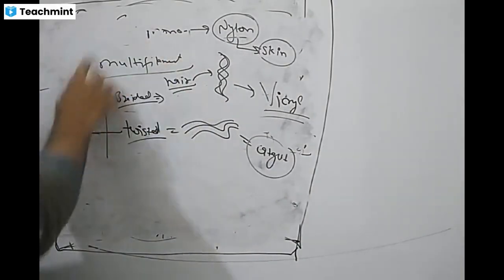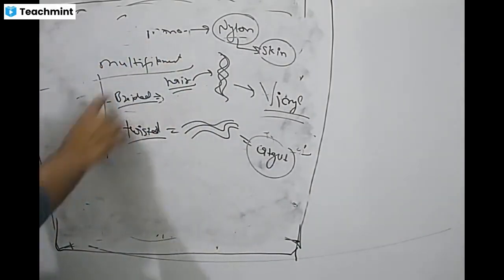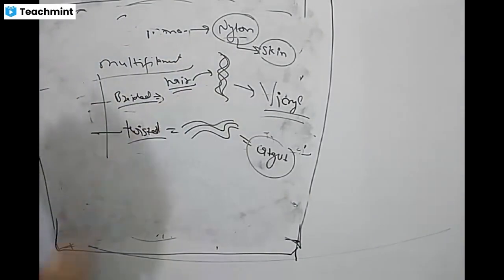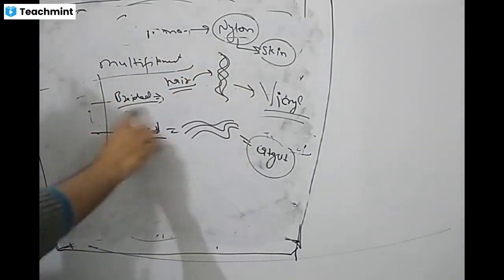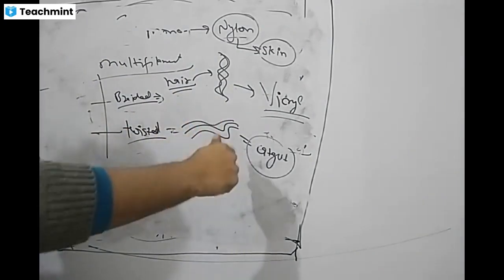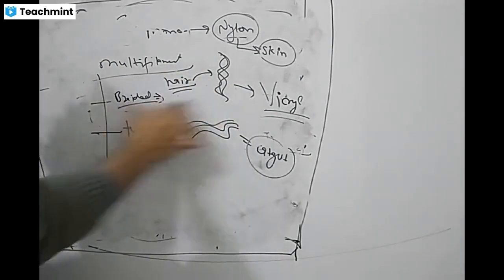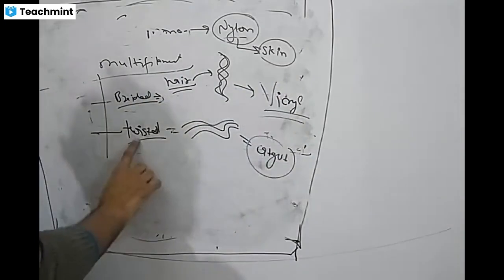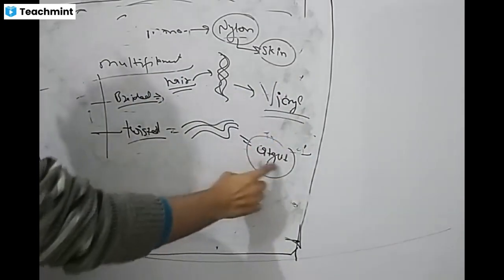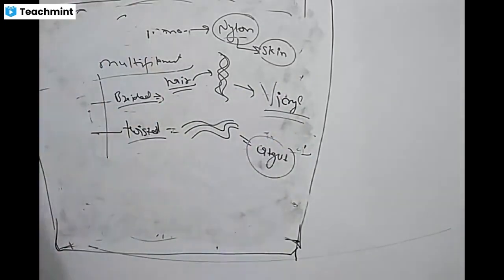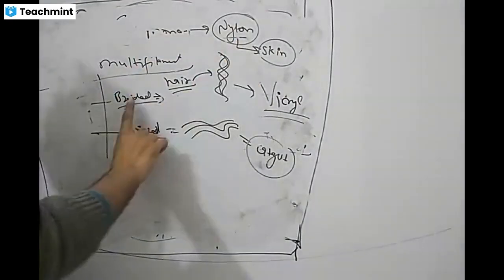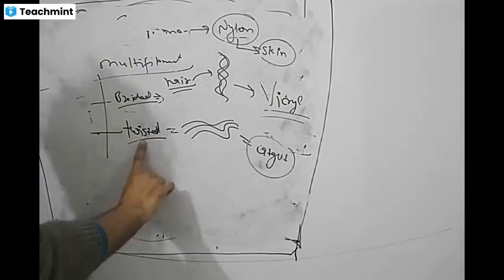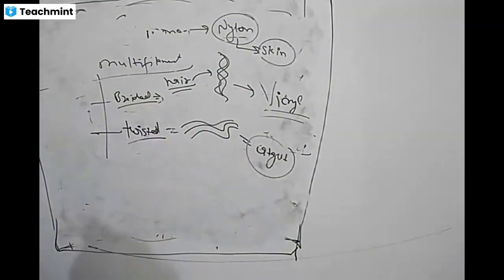Second is multifilament, that may be braided like this. All the fibers are crossing each other, and may be simply twisted on each other. The braided one is your vicryl and the twisted one is your chromic catgut. So these are the three suture materials we are using: monofilament, braided multifilament, twisted multifilament.